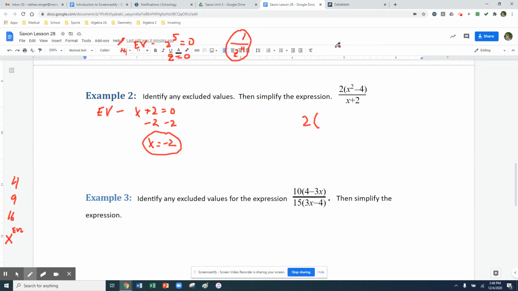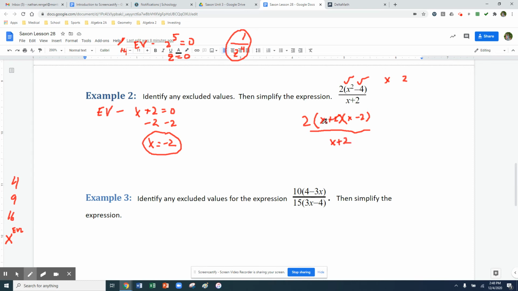So x squared is an even power, so I can square root that. And then 4 is also a perfect square, and it's a subtraction. So I can square root both of these, which is going to give me x and 2. So that means I'm going to have factors of x plus 2, x minus 2. So all these difference of squares will factor the exact same, x plus, x minus, all over x plus 2.